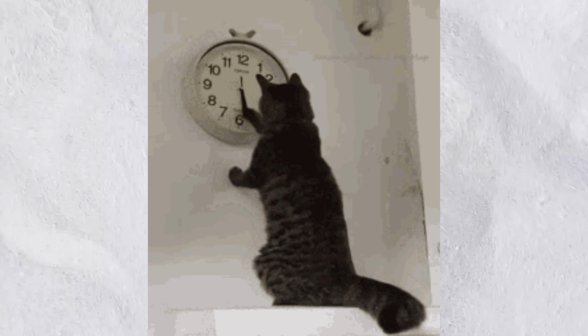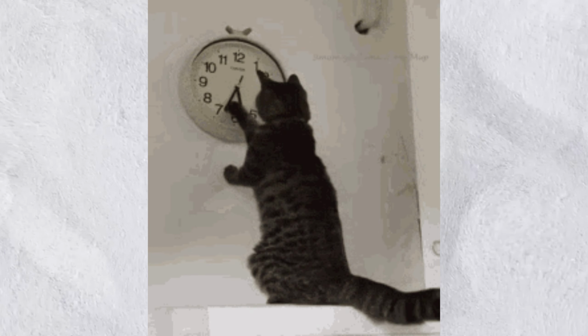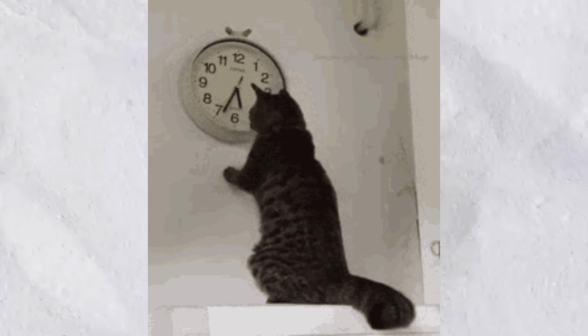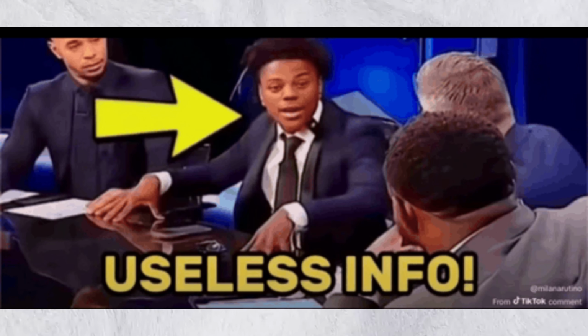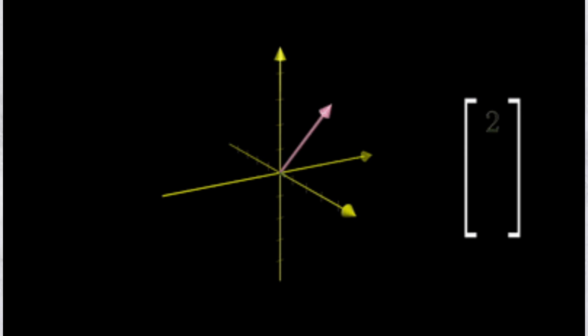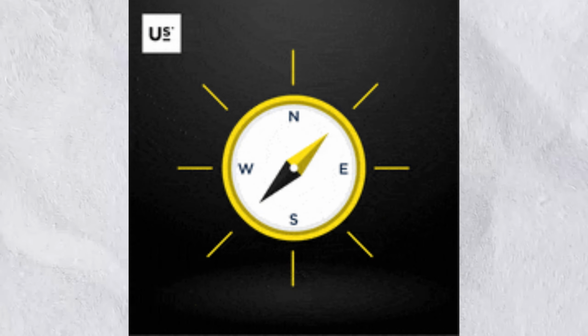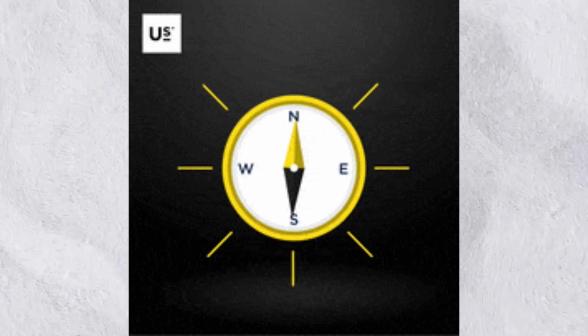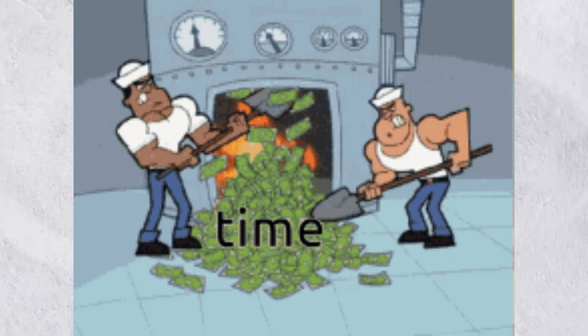You don't even need that time. You could do a lot of things with that time, but you spend it on useless stuff. And that's what linear algebra is for. It's for seeing the most important direction so that the AI can go in that path instead of spending time on useless stuff.